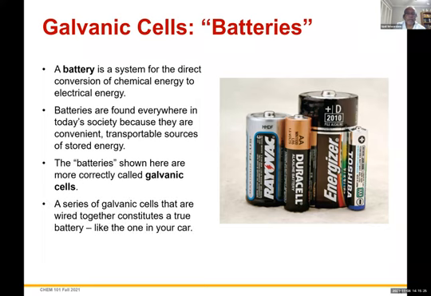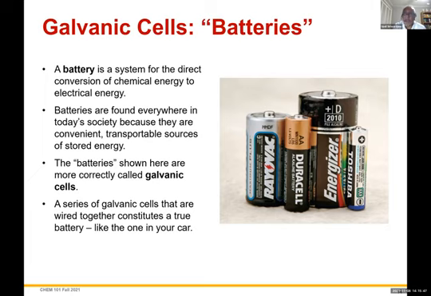A series of galvanic cells that are wired together constitute a battery. For example, a lead battery. How many of you know your car battery's voltage? 12 volts. How do you get 12?